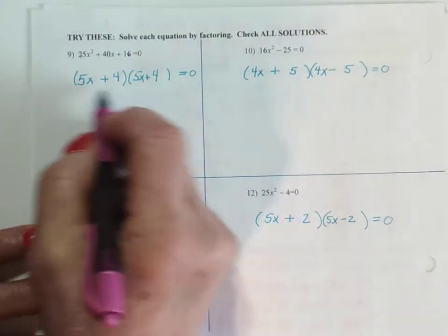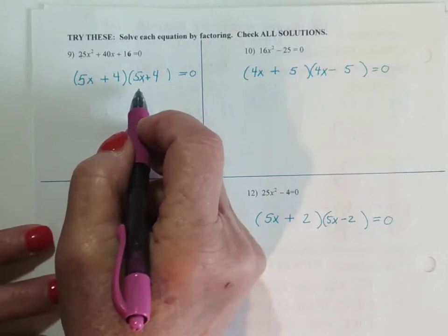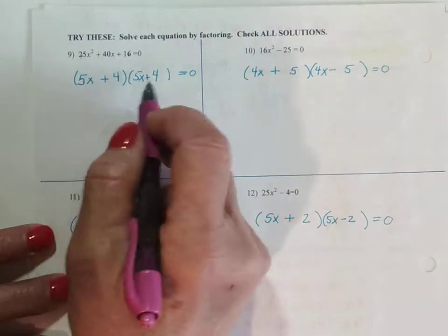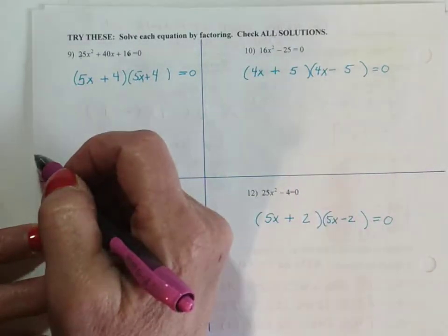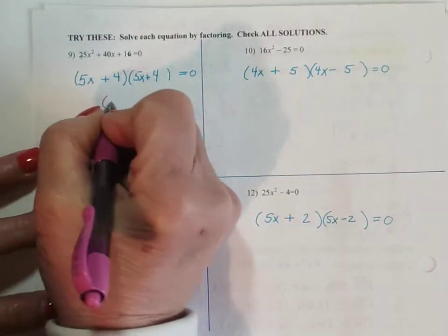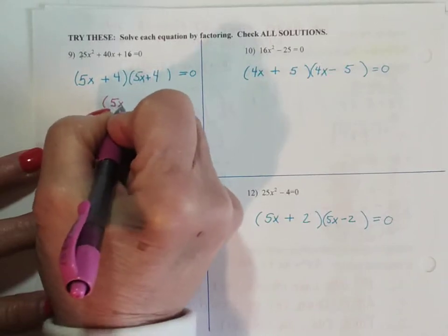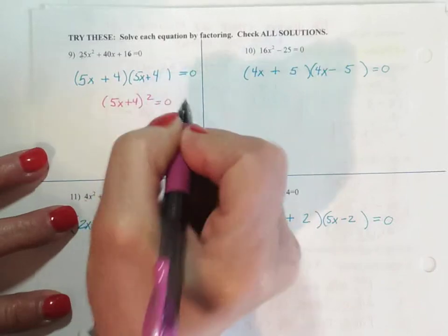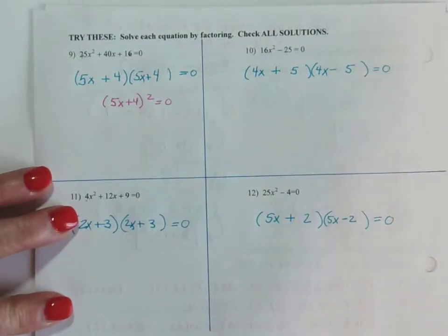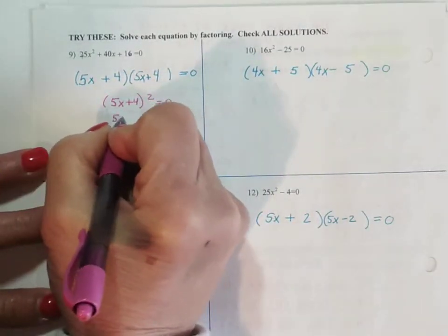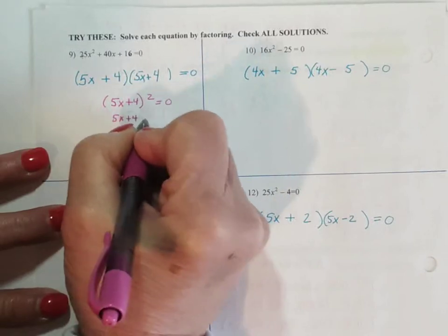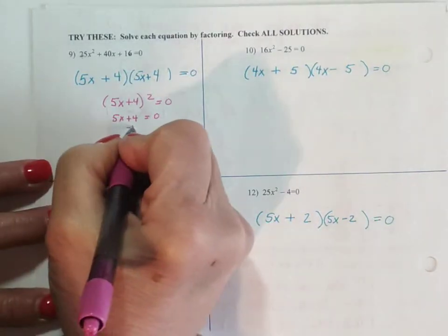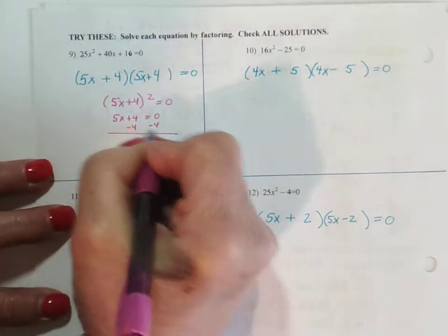Right. So this one right here, you only have to solve one of these factors. You don't have to solve both because you're going to get the same answer. So here you're going to get 5x plus 4 squared equals 0. I set 5x plus 4 equal to 0. Subtract 4 from both sides.